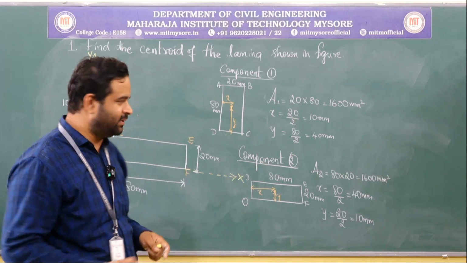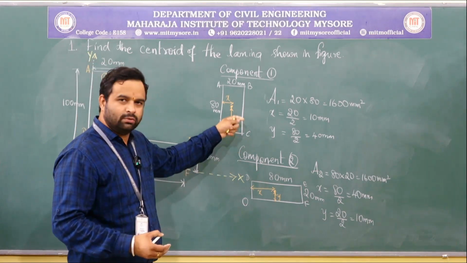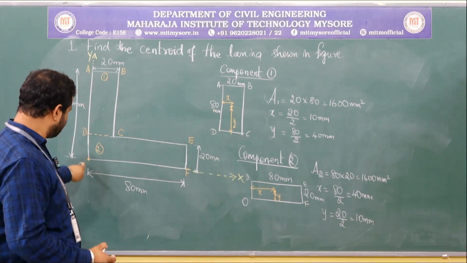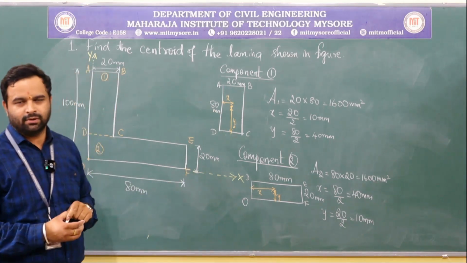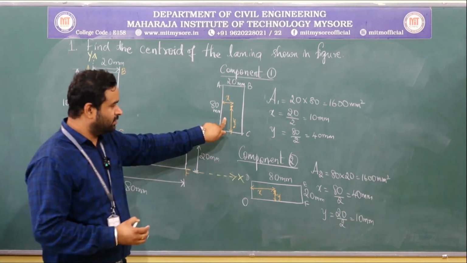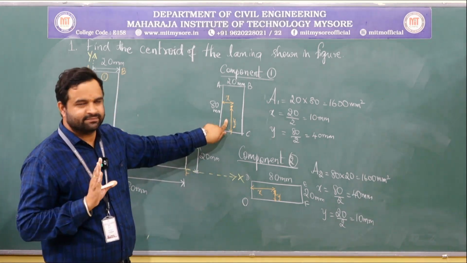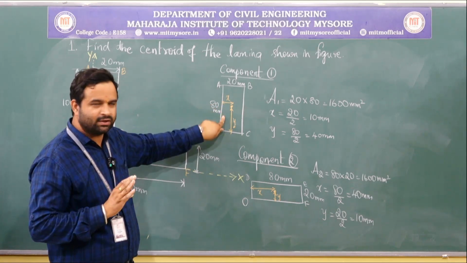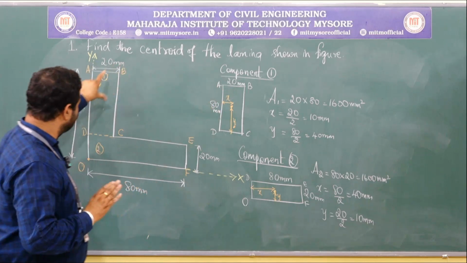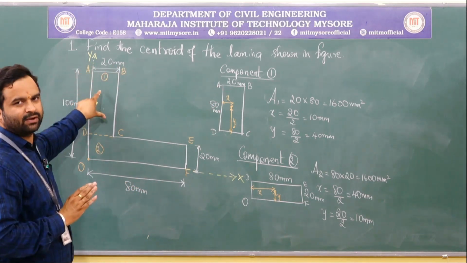The next step will be to measure the same components with respect to the referral axis drawn, which is OX and OY. Here there is no question of referral axis, it is the centroidal component for a given figure, but try to locate this with respect to the axis given.